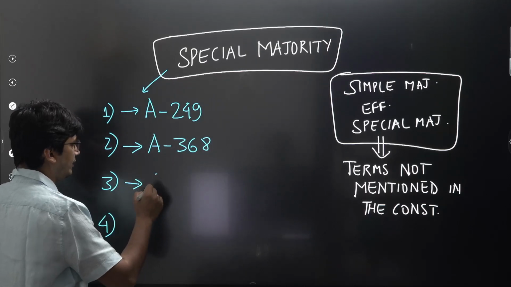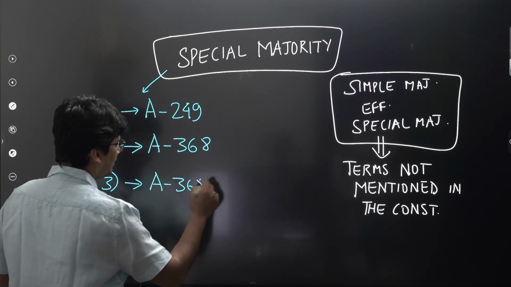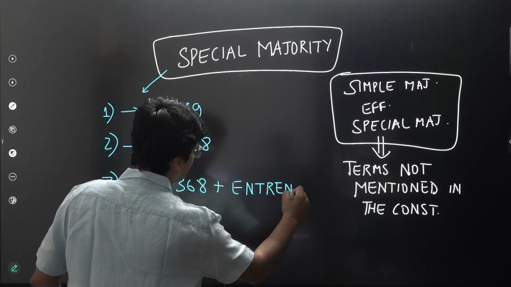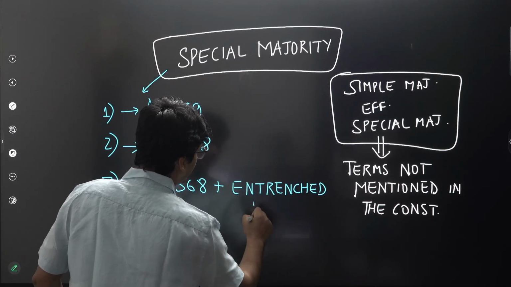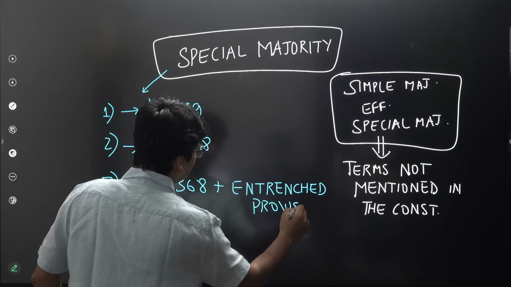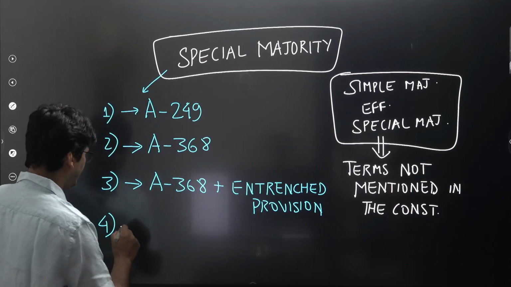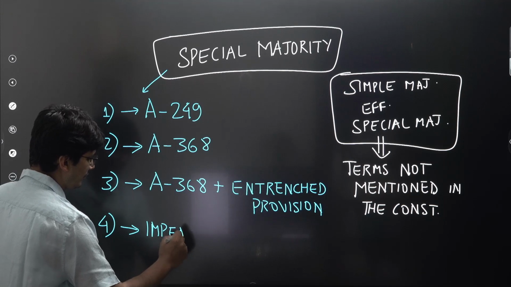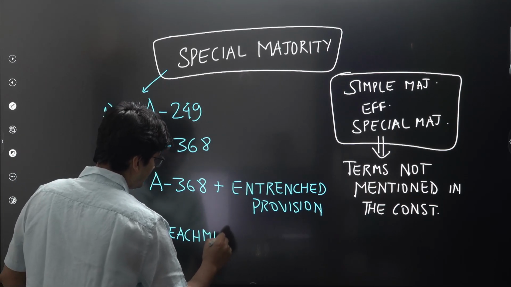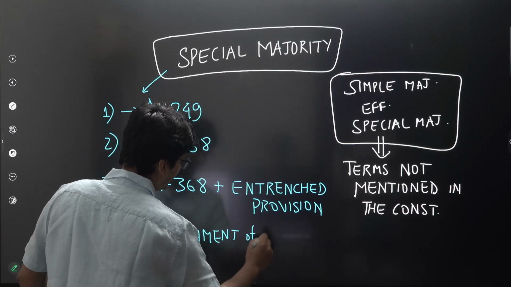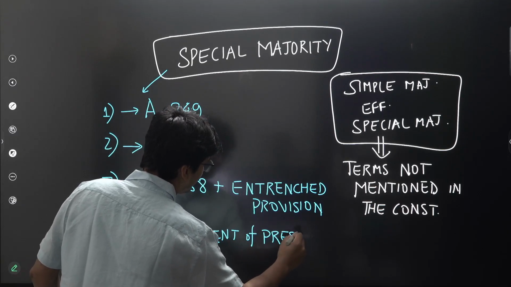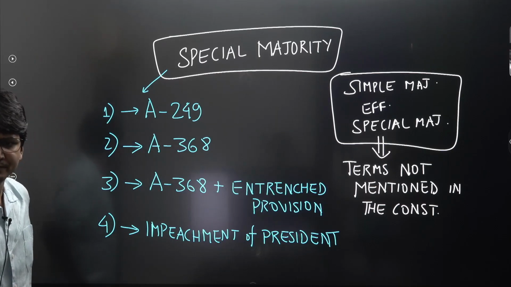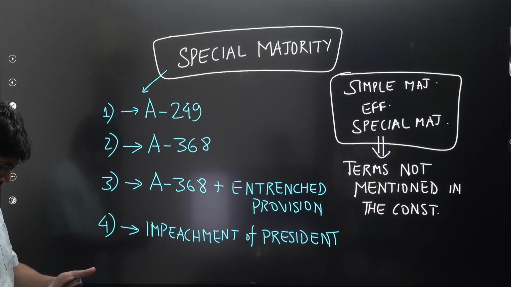Type 3 deals with Article 368 plus entrenched provision. And type 4 deals with impeachment of the president. And yes, these 4 types are different. They operate in a different manner.